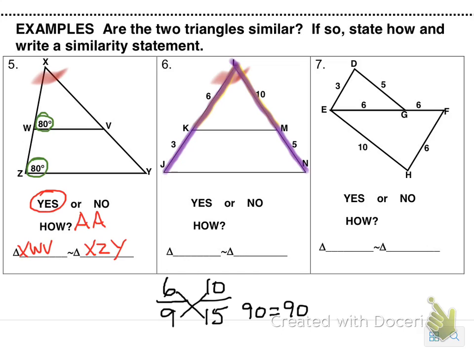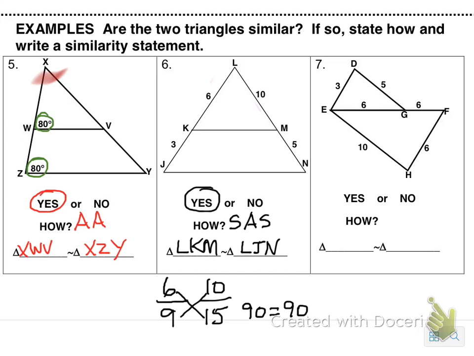And now we have shown that one pair of angles is congruent, and the sides that include those angles are proportional. So by the theorem SAS, we know that these two triangles are similar, and we can write the similarity statement as LKM is similar to LJN.